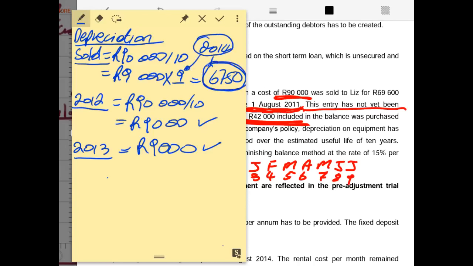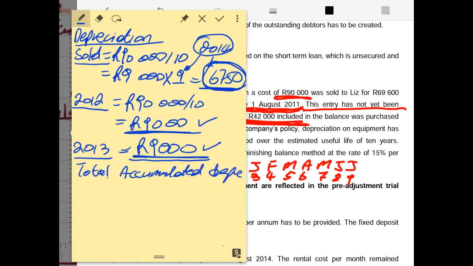That amounted to 6,750. So now if we add all the three, 6,750 plus 9,000 for the full year 2012 plus 9,000 for the year 2013, that will give us the total accumulated depreciation for the sold equipment until the date it was sold, and that will give us total accumulated depreciation as 24,750.